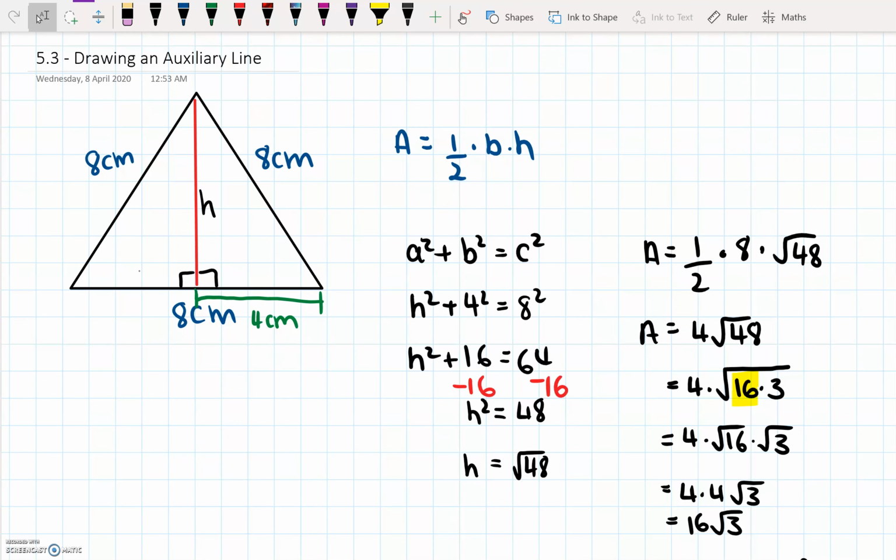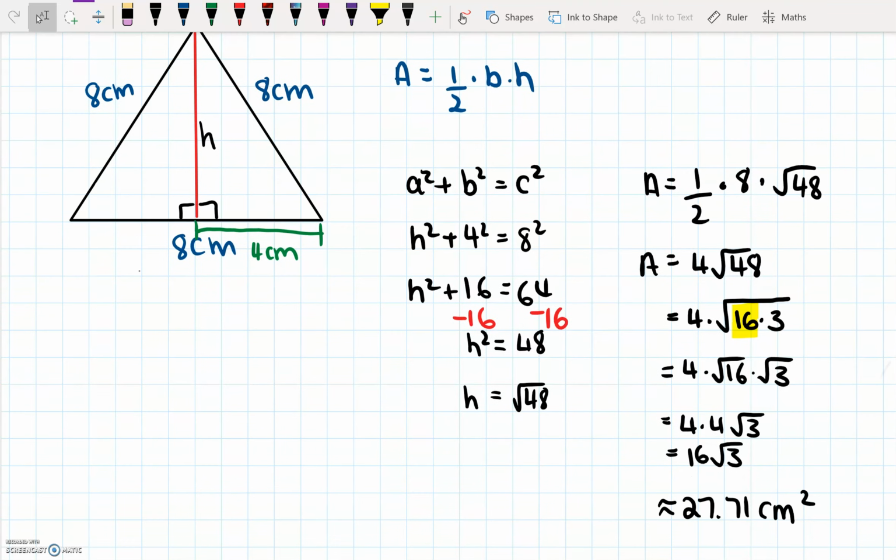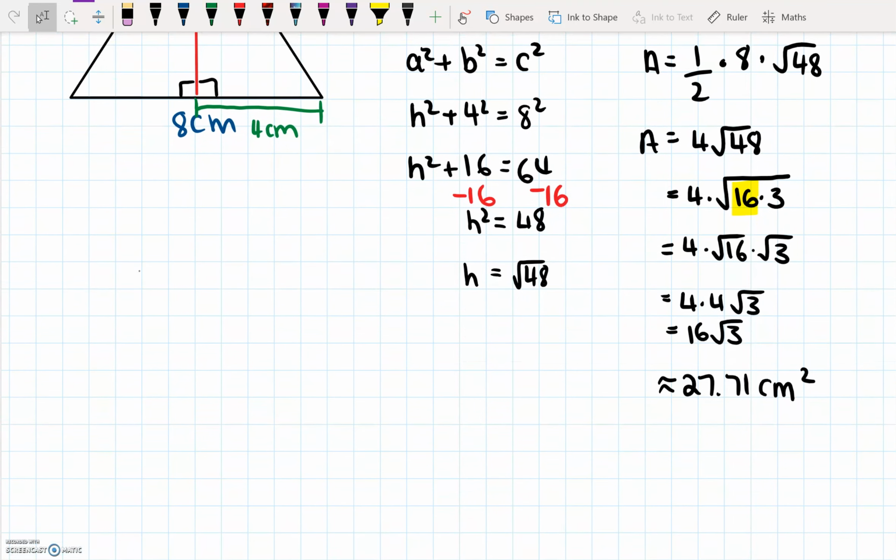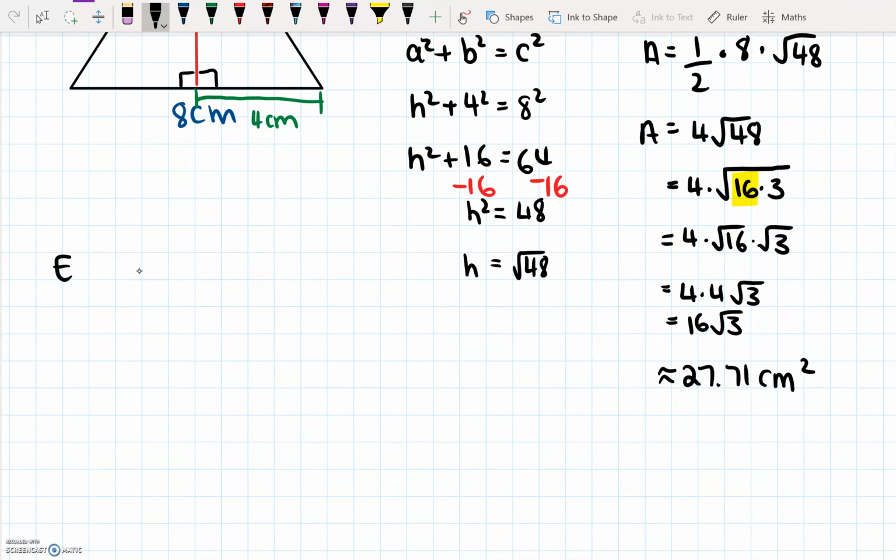This is just an equilateral triangle. You can also have an isosceles triangle, and remember, we do expect you to remember this. So equilateral meant that all sides were equal.